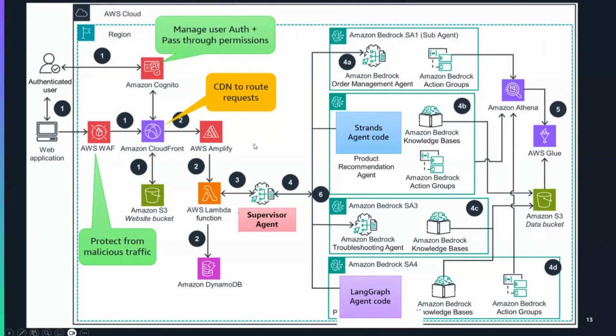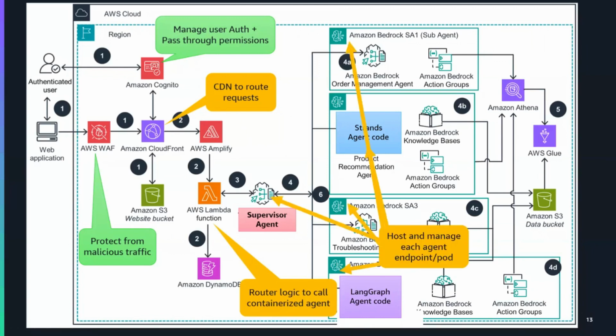You have to manage user auth and how it connects to agent permissions and tools. You have to protect from DDoS attack and malicious traffic. You need that router logic that goes from API gateway to Lambda to an Amplify front end to an agent, right? So that's on the left.